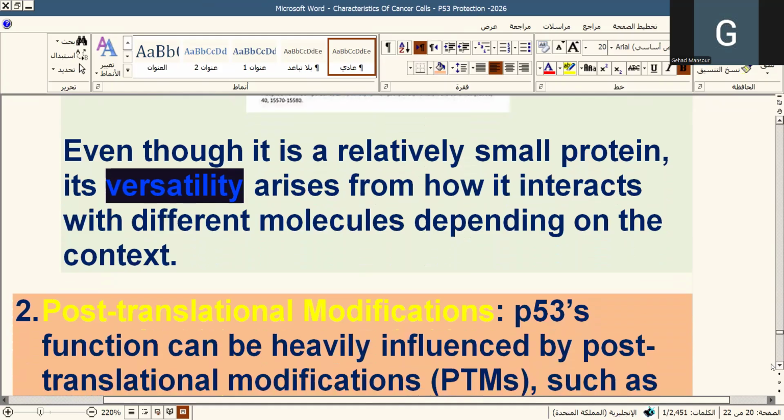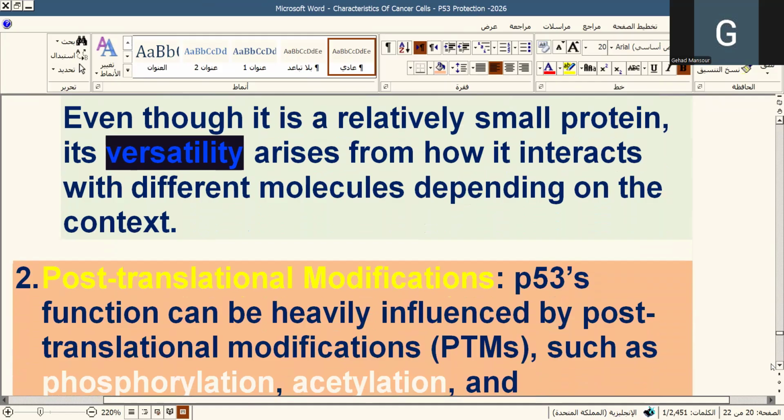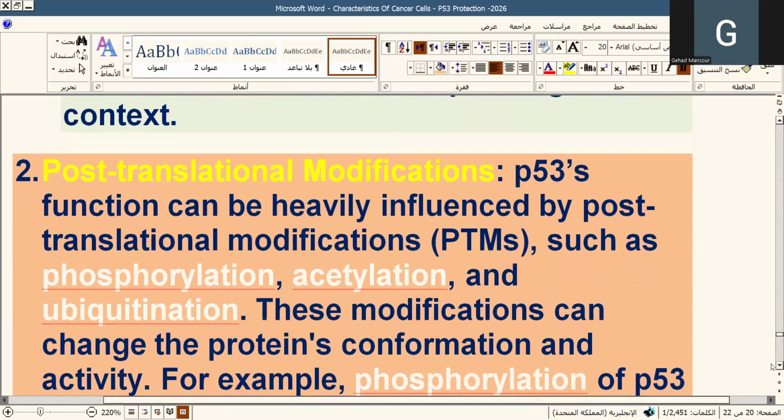But there is something else that makes the molecule of P53 versatile, and therefore capable of doing multiple functions, other than the presence of multiple domains, and it is the post-translational modifications.